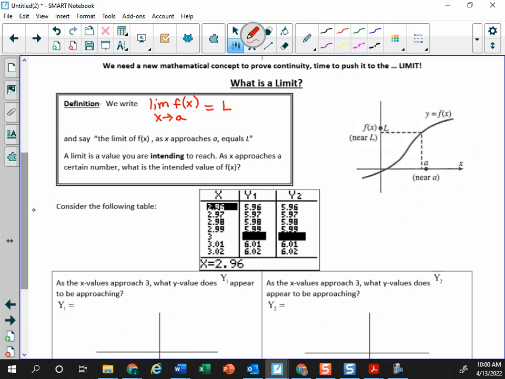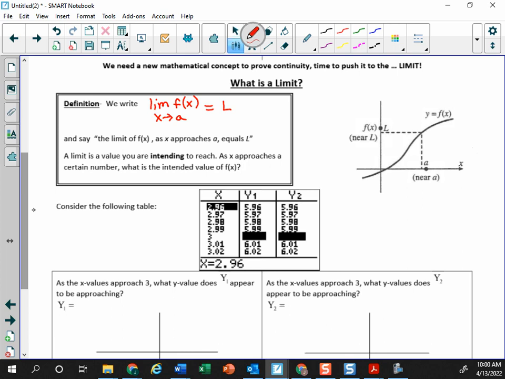So what this limit is telling you is, as x approaches A, as we squeeze in on this x value of A, looking at it from both sides, what y value is our graph approaching? Not what does it necessarily equal at that point, but what is it getting really close to from either side?